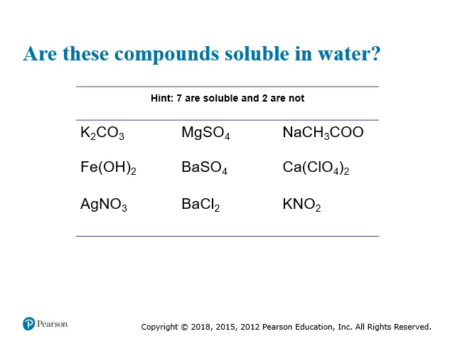I'll give you a few moments, not too many moments, but a few moments. And here's a hint. 7 of these are soluble in water, while 2 of them are not. On your mark, get set, go, and here we go.